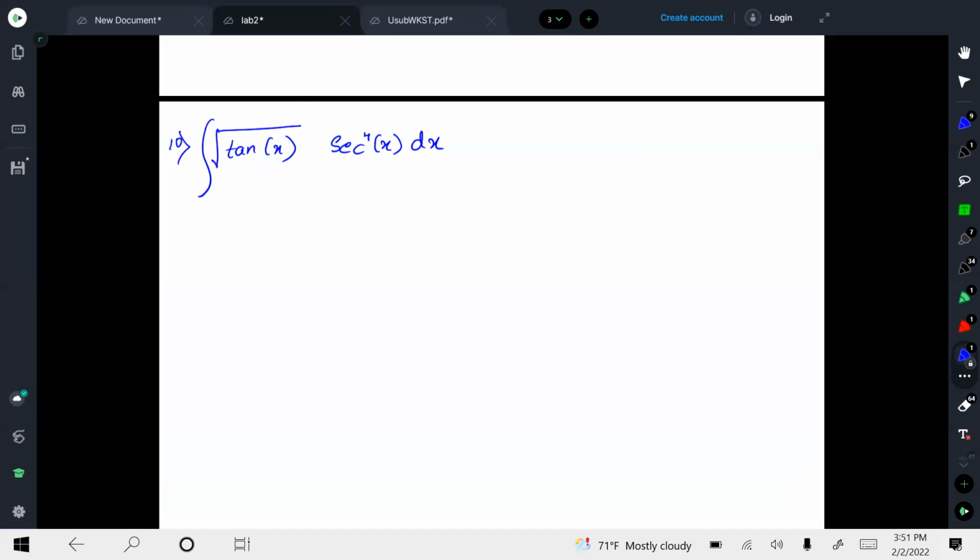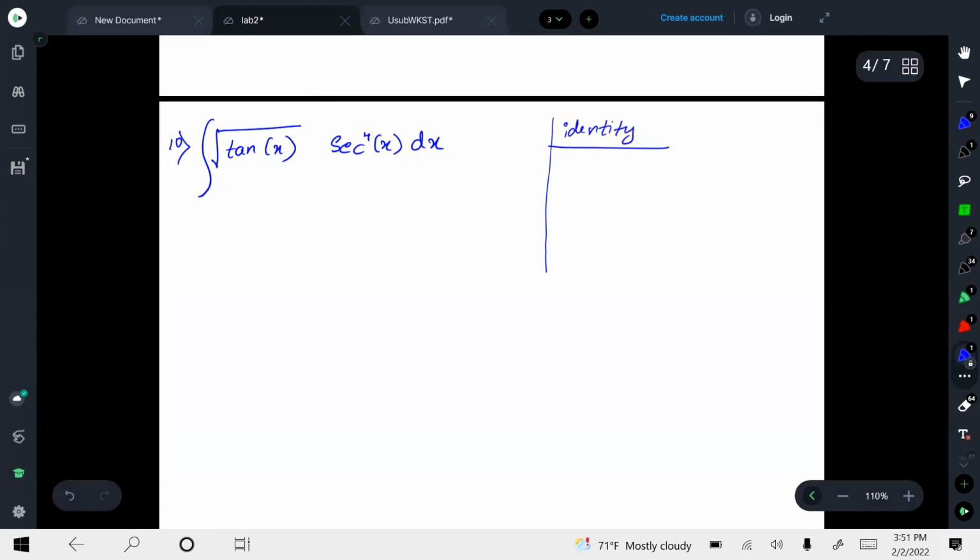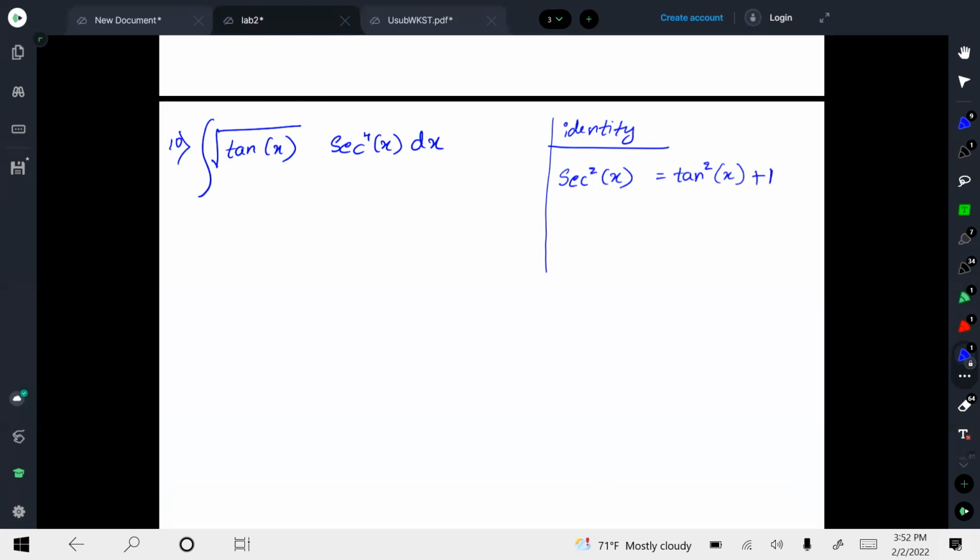Okay, fine. Now, remember we have this identity. If you have studied, remember this identity: secant square of x equals tan square of x plus 1. Okay, now I'm going to use this identity to solve this problem.